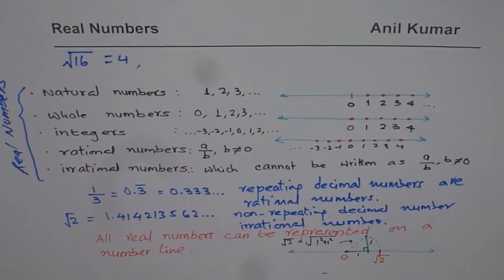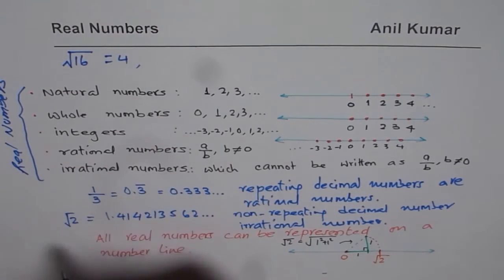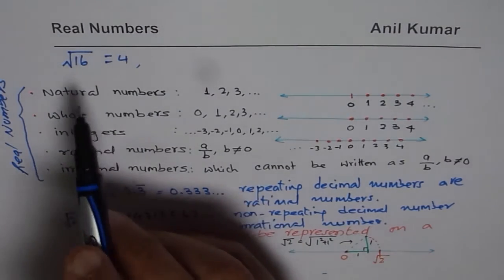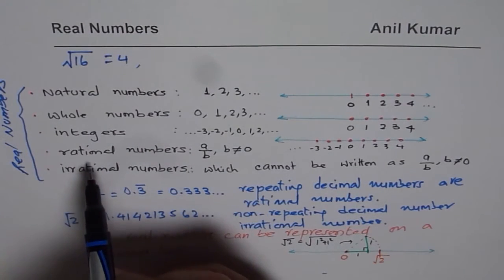That is true. So square root of 16 can be written as all these numbers. Do you agree with me? So it belongs to the set of natural numbers, whole numbers, integers, and rational numbers.